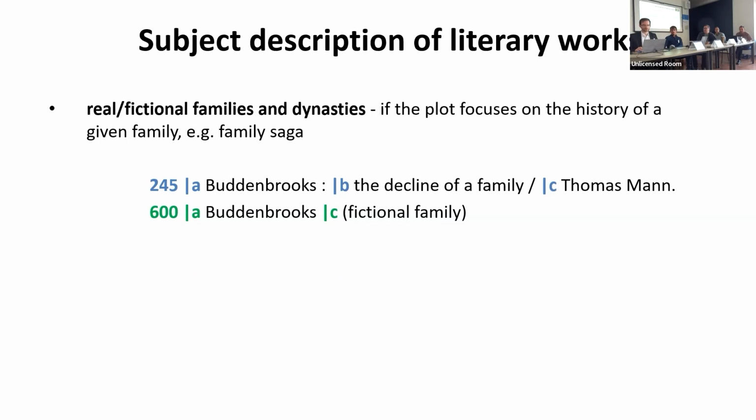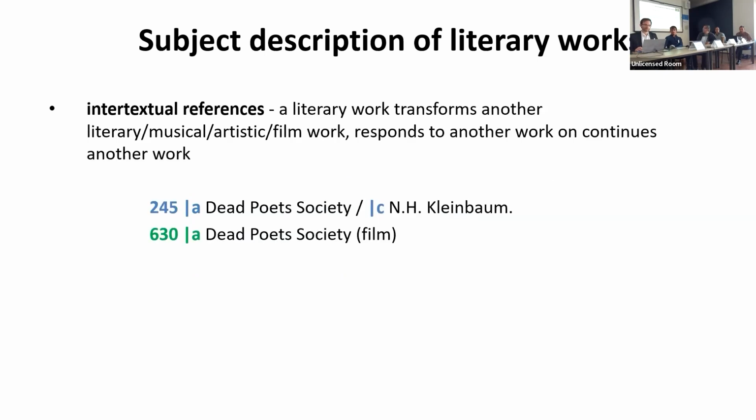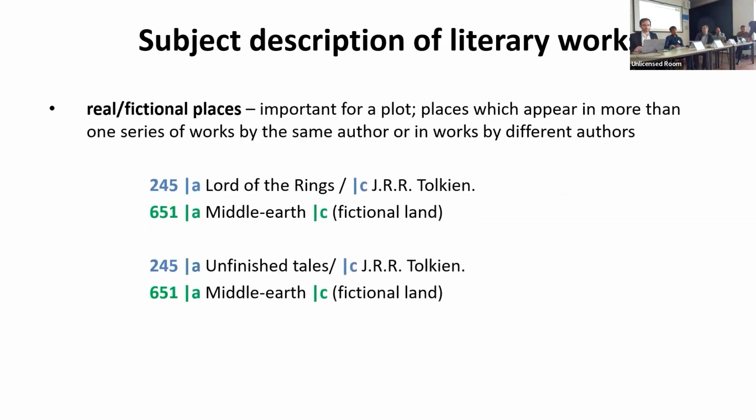Here it's a fictional family. There can be some intertextual references if the literary work is related somehow to another work, not necessarily literary, but also musical, artistic, as in Dead Poets Society, based on a film of the same title.